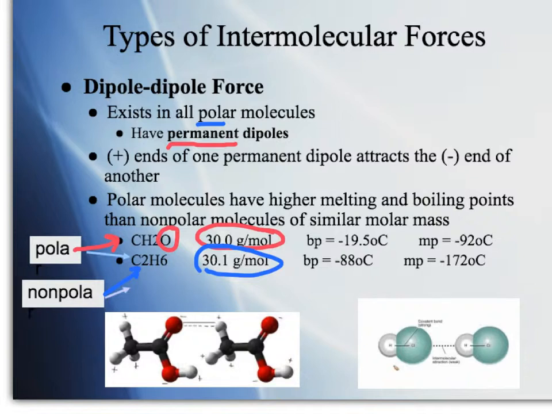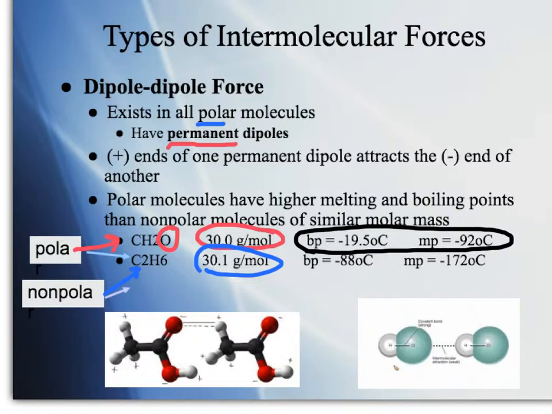However, if you look at the boiling and melting points for these, we can see that the boiling points and the melting points are much higher in number for the polar one, CH2O, than for the nonpolar one. And remember, these are negative numbers, so the smaller the negative number, obviously the higher the actual value.